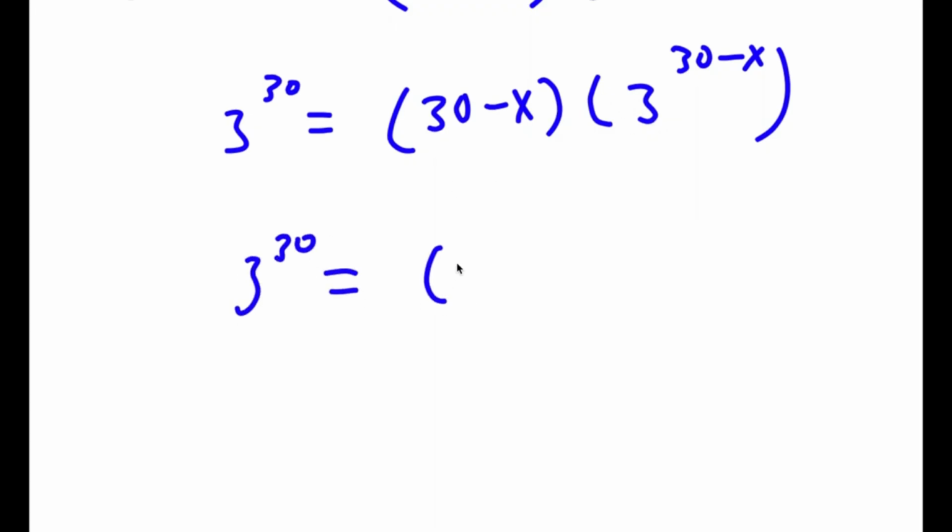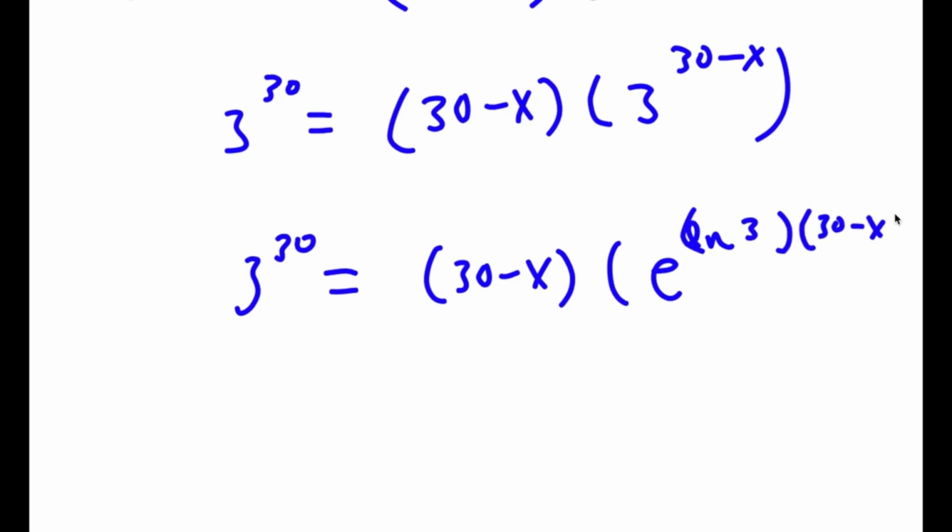I'm going to write this as (30 minus x) times e to the power of ln 3 times (30 minus x), because e and ln cancel out, so everything over here simply stays the same.